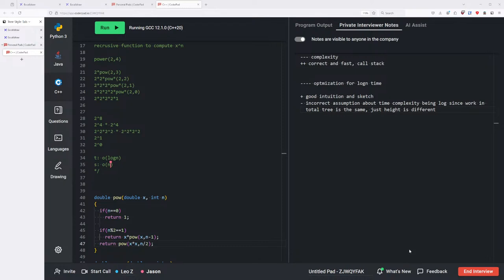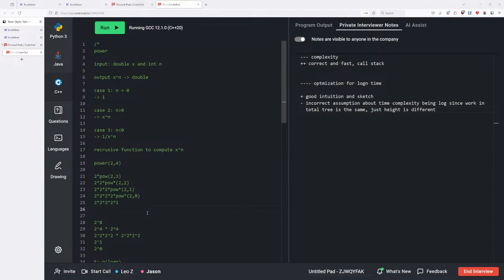We went through this problem pretty quick. I do want to say that I know the constraints of what x and n can be weren't really defined, so there are cases where, if n is the minimum integer in the 32-bit range and we multiply by -1, it might overflow.